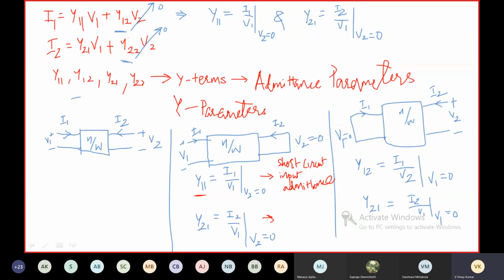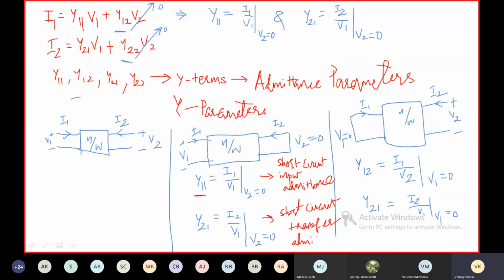Here again it is short circuit transfer admittance.